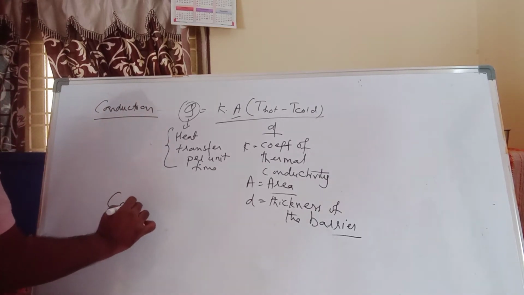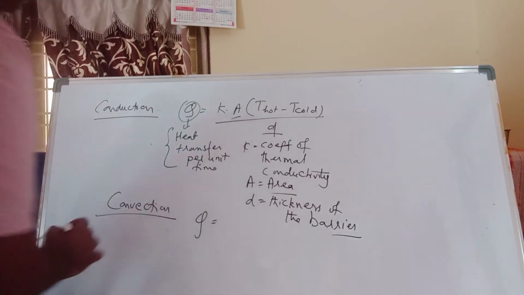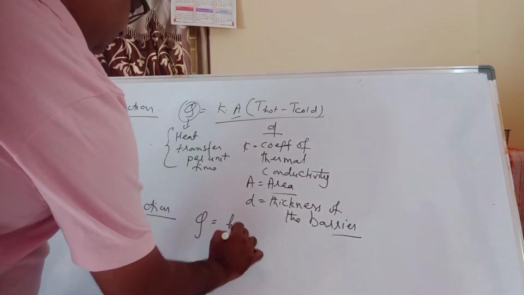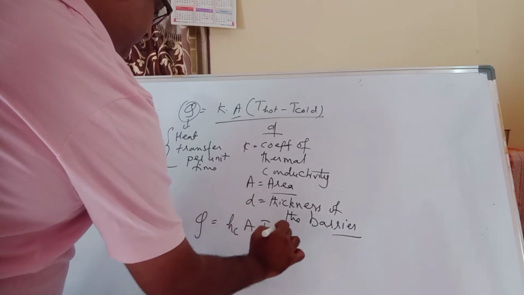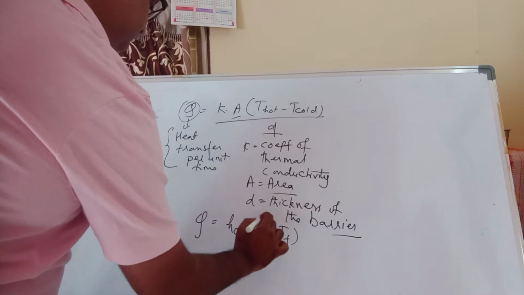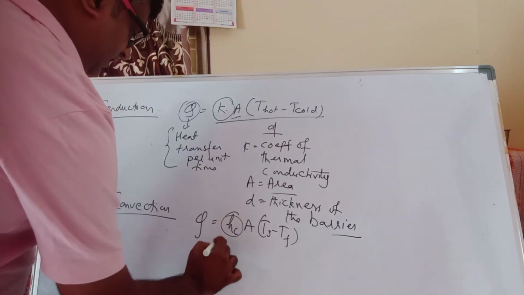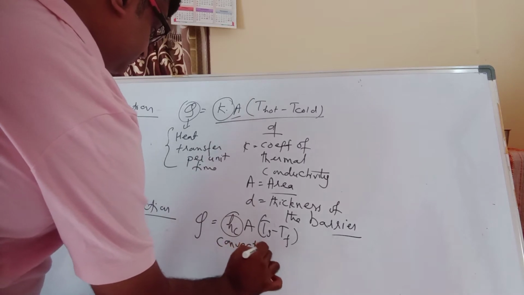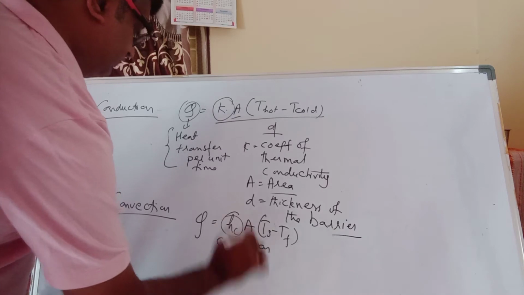A similar equation is seen for convection also. Here also Q is equal to Hc into A into (Ts minus Tf). Hc is the convection coefficient.